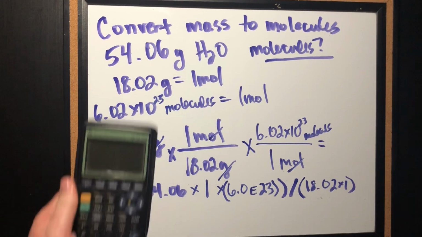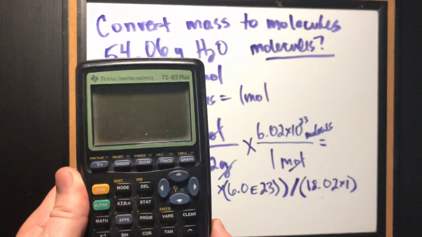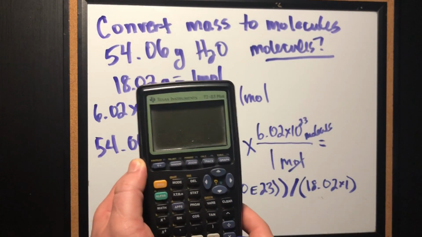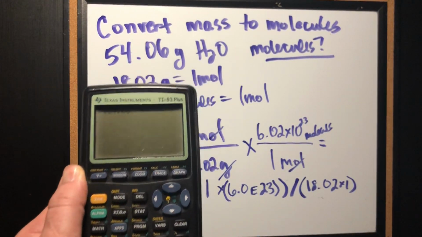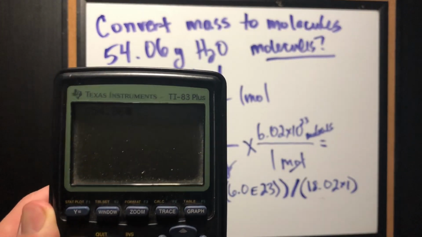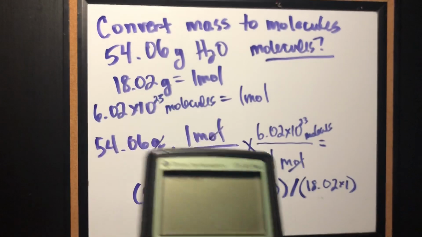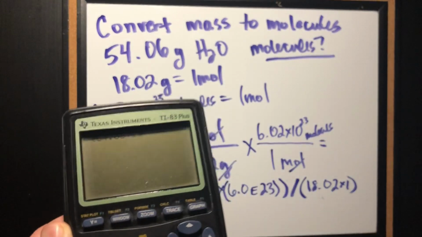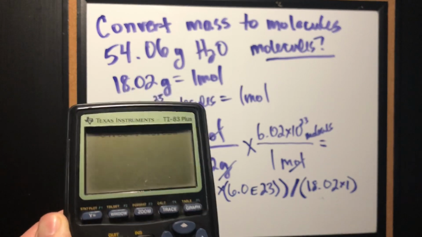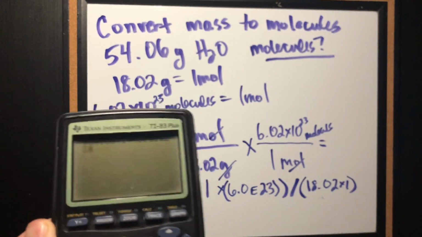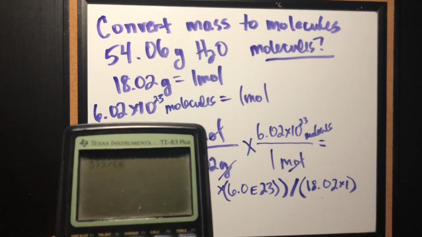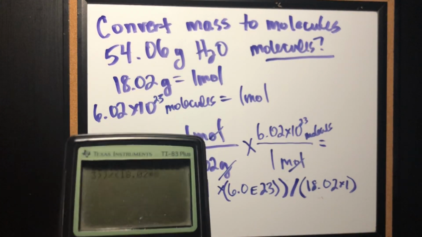I don't know if you can see my calculator there. 54.06 times 1 times 6.02 e to the 23 divided by 18.02 times 1.